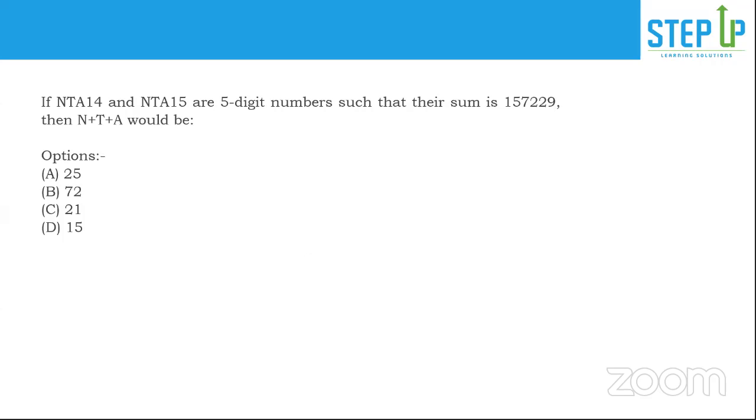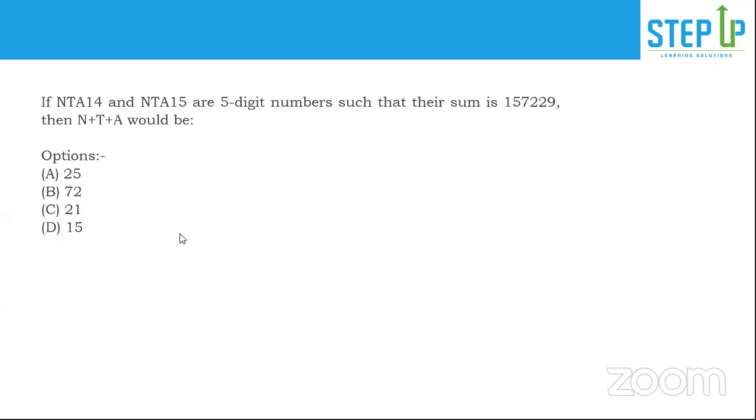Okay, guys, just a second. I'll give you a hint. Questions like this come in other exams as well. So one of the hints for the question is, they're saying these are two 5-digit numbers such that their sum is 157229.